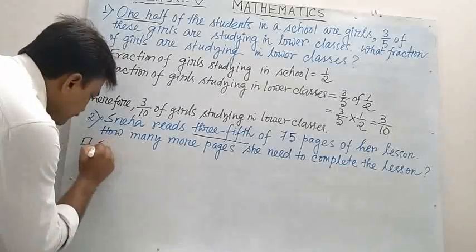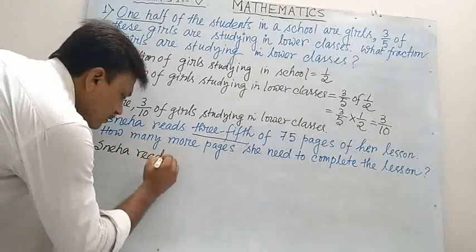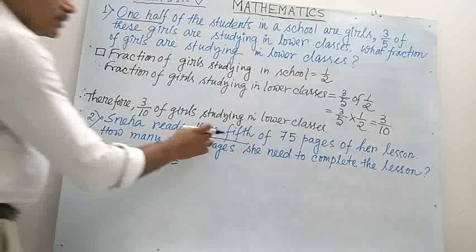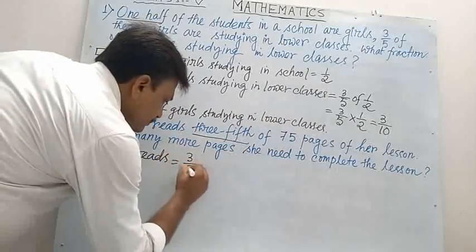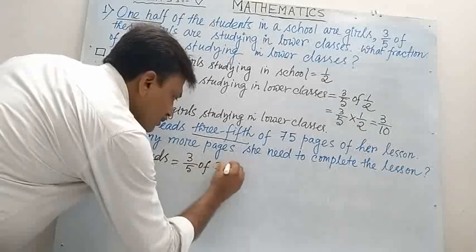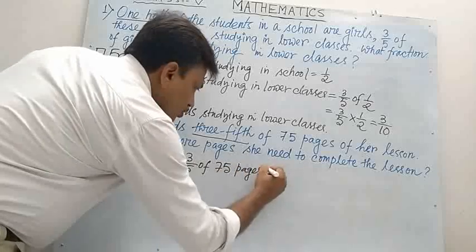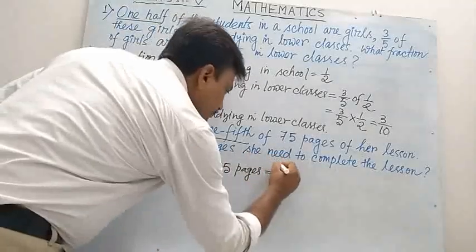So Sneha reads how many pages? 3/5 of 75. Of means multiplication.